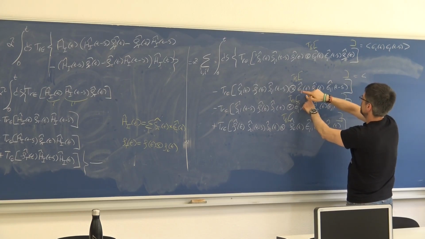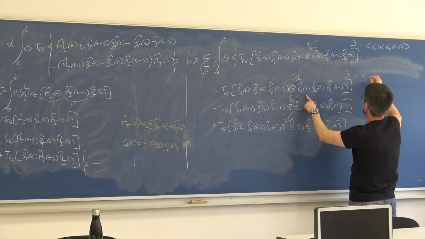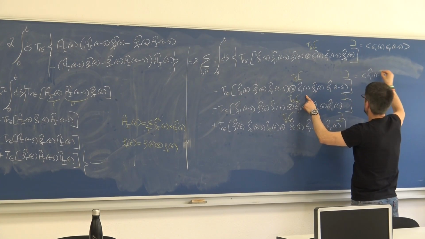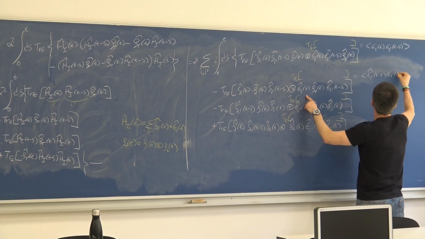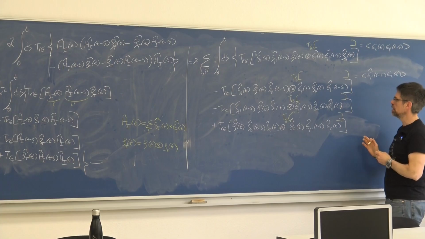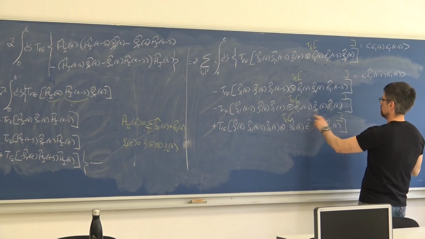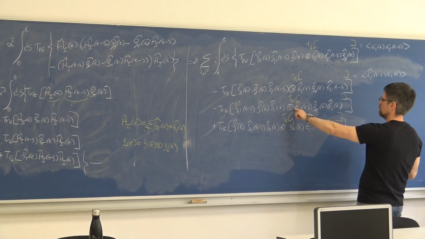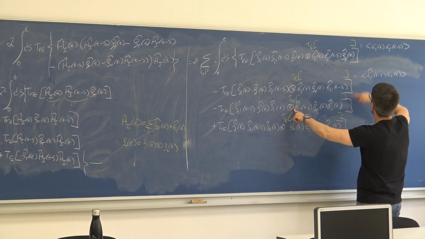This moves here because of the cyclic property of the trace. E_I prime of t minus s, E_I of t. Okay? Are we happy? This will be, I move this here because of the cyclic property, so this will be equal to this one.